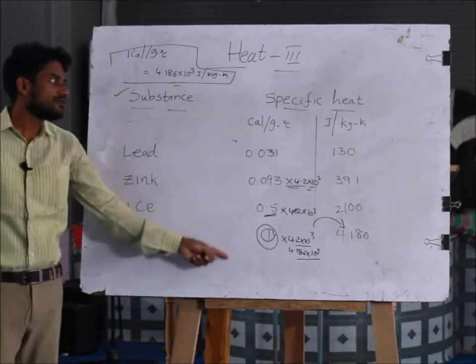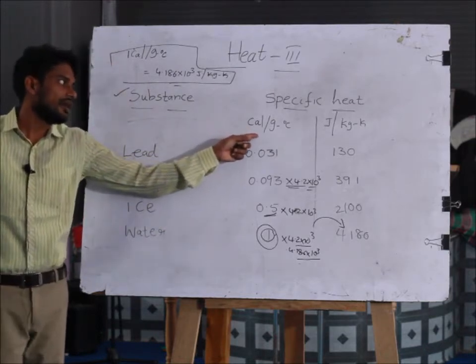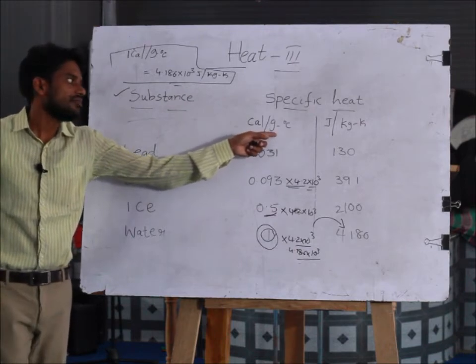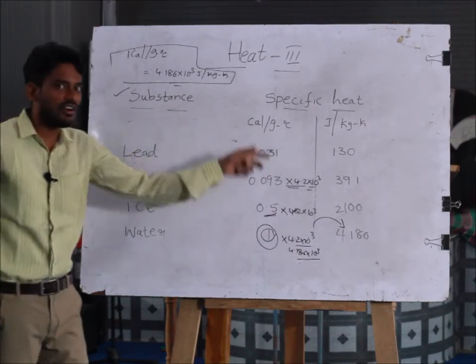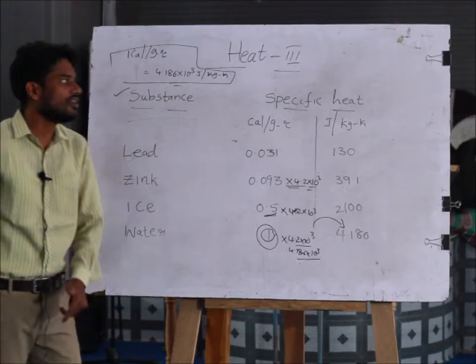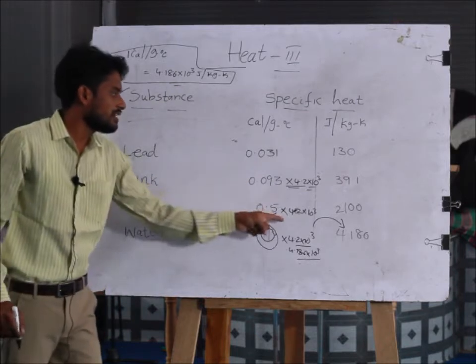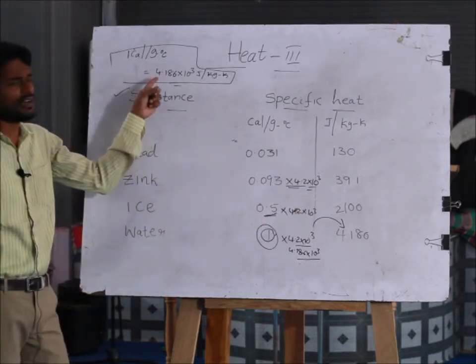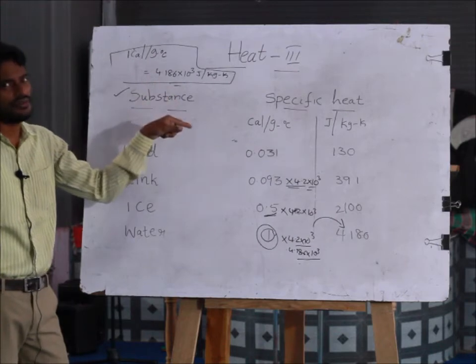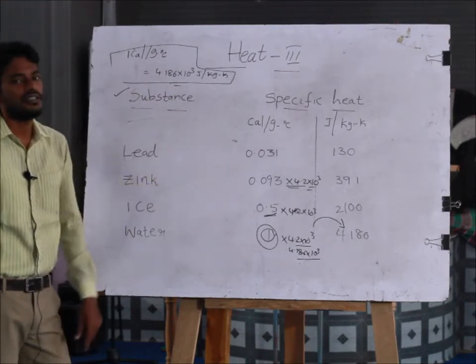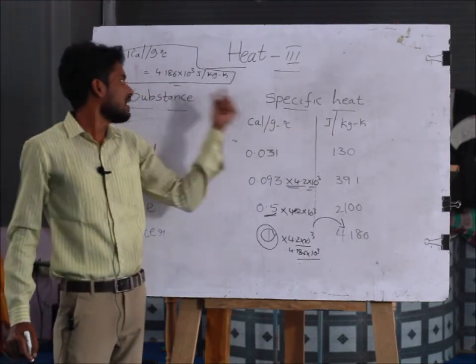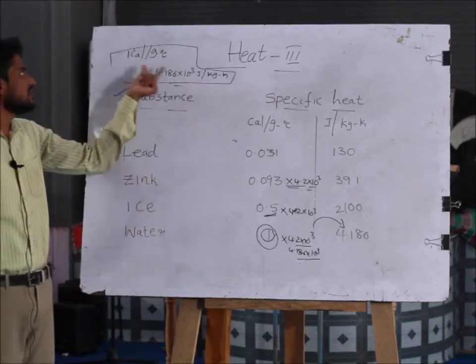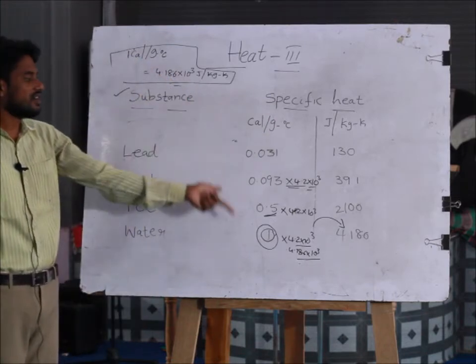These are all values belonging to calorie per gram degree centigrade. If you want to convert into joule per kg Kelvin, you have to multiply with 4.2 or 4.186, which is nothing but 4.2 into 10 to the power of 3. You can convert it to joule because this is equal to this one. That's why.